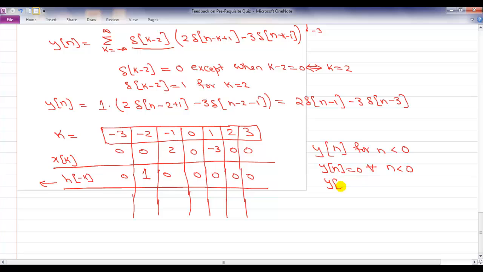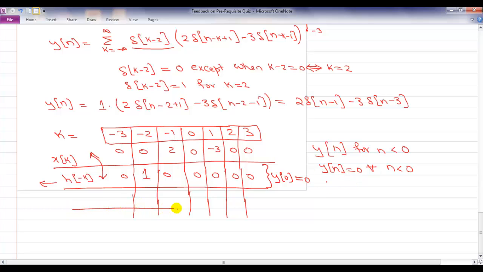What about the case of y of n for n equal to 0? Well, that is just multiplication of these two sequences, and I add the values up, I get y of 0. All of the multiplications will be 0, and I add them up, I get 0. So y of n is equal to 0 for n equal to 0.